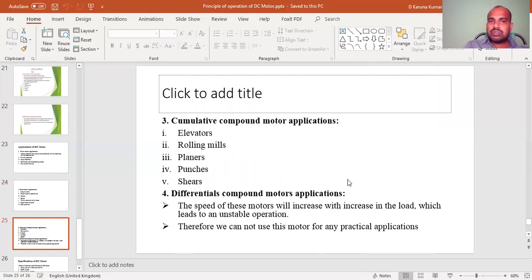Cumulative compound motors are used for elevators, rolling mills, planers, and shears. But the differential compound motor is not used for any practical applications, only discussed theoretically. Why? Because if the load increases, the speed also increases. The speed of these motors increases with increasing load, which leads to unstable operation.